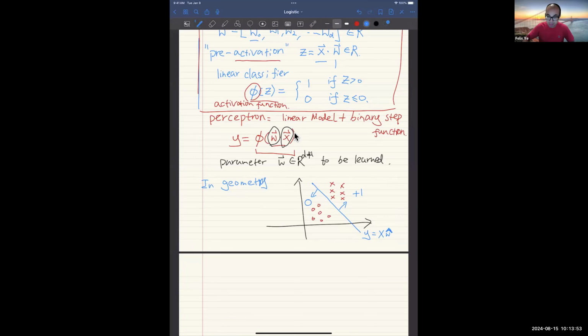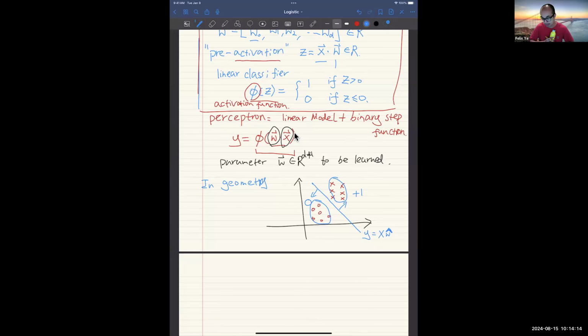The whole idea is we actually want to learn this linear separator to separate these two datasets with different labels, 0s and 1s, using a straight line.